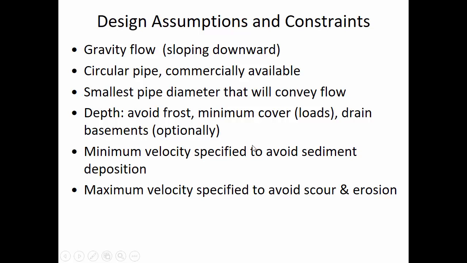And minimum velocity is closely related to smallest pipe diameter. You know, with the smallest pipe diameter, it's easier to achieve the minimum velocities. But then there's also a maximum velocity, where if you have a really steep town, then you have to be sensitive to the strength of the pipe and its probability of having hydraulic scour if you're set up on a really steep slope.